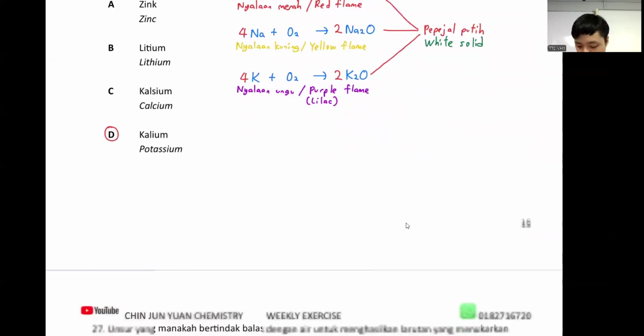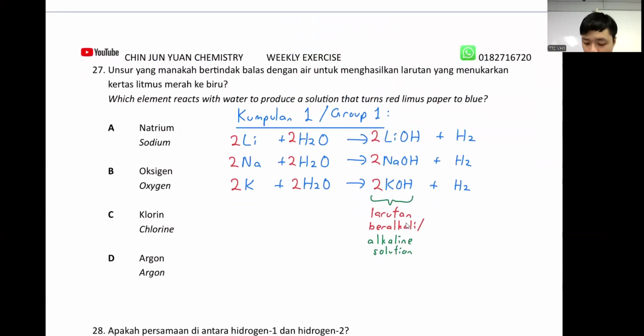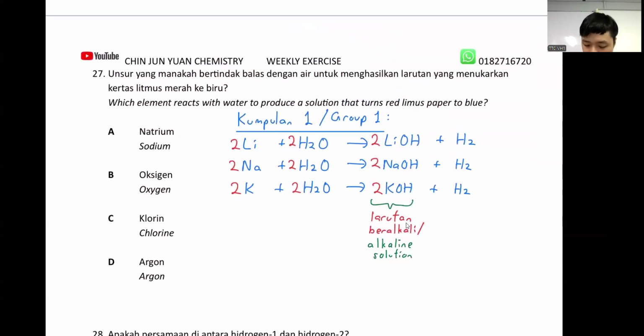And then 27. This one is Form 4, Chapter 4 also. Which element reacts with water, bertindak balas dengan air, so that it can turn red litmus paper to blue? To blue means alkaline already. The substance is alkaline. Alkaline metals are group 1, kumpulan 1: lithium, sodium, potassium.